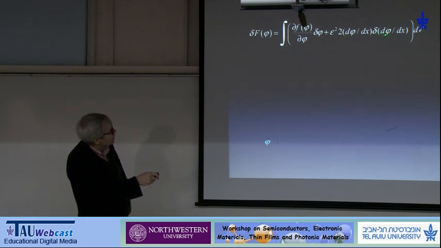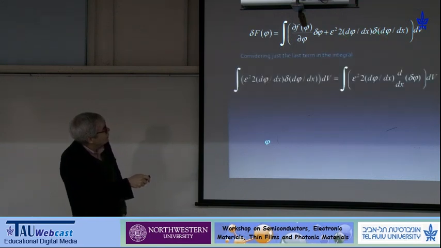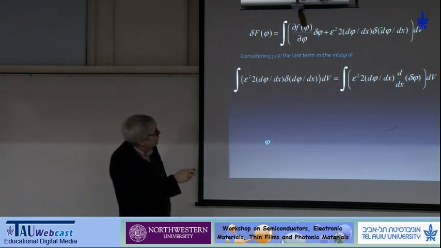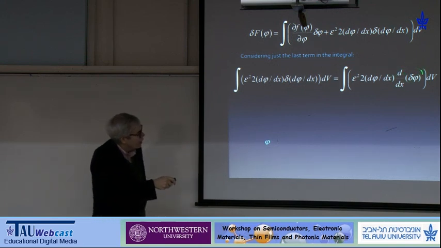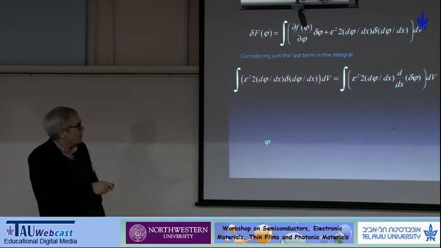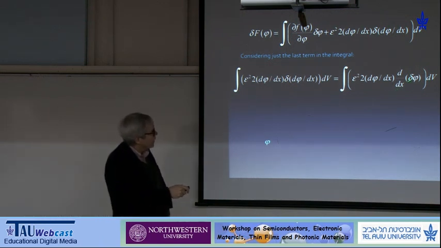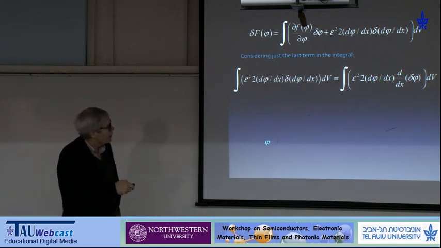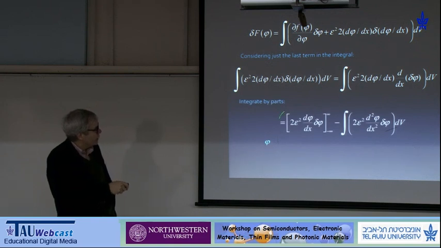So how do you take the variation of the derivative? Well, what you do is you just interchange delta and d. So you write it as d by dx, and you move the delta to the inside, like this. And now you can integrate by parts. You take the derivative and throw it over to here, and you get some terms associated with the boundaries.